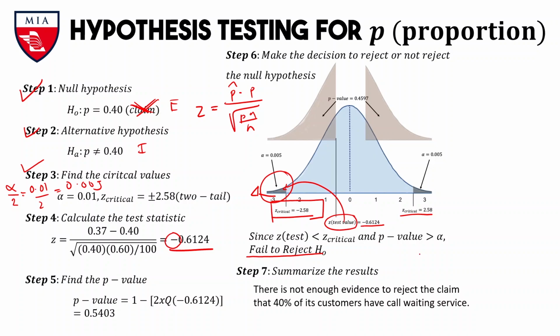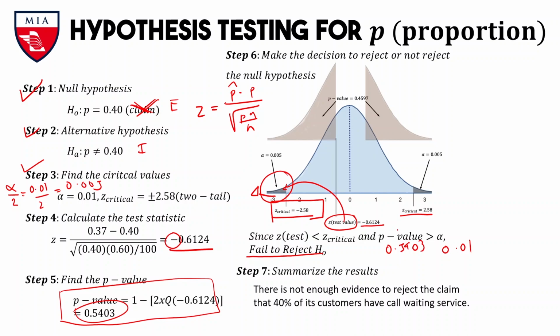And also we can prove this because of the p-value condition. What's the value of our p-value? We have 0.5403. We can solve this by using the method that I discussed earlier. Just use the calculator to get this value. The value is 0.5403 and the value of our alpha is 0.01.